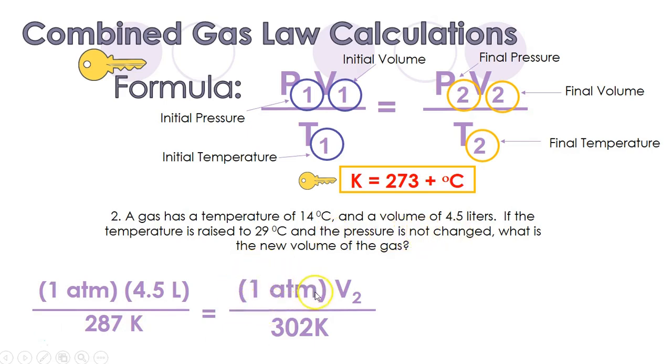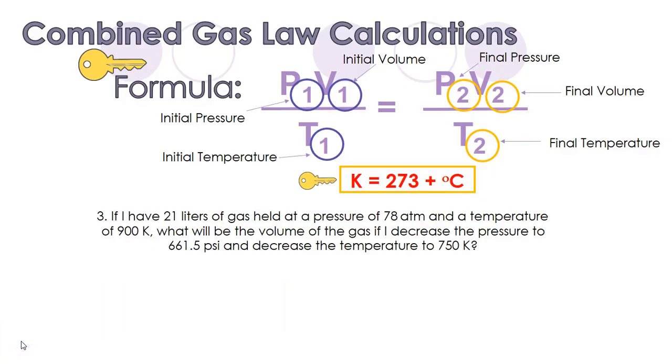Because it didn't change, I can just hypothetically add 1 as a variable for our pressure in the formula. I can see that the volume was initially 4.5 and we want to figure out what the final volume is going to be. By doing a little bit of algebra, you can figure out that our V2, which is our final volume, is going to equal 4.7 liters.